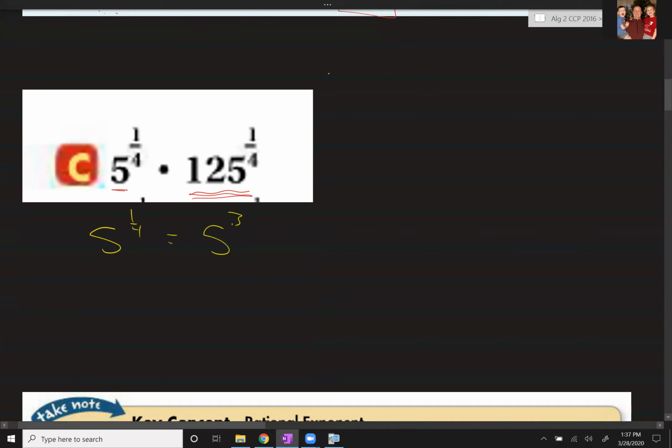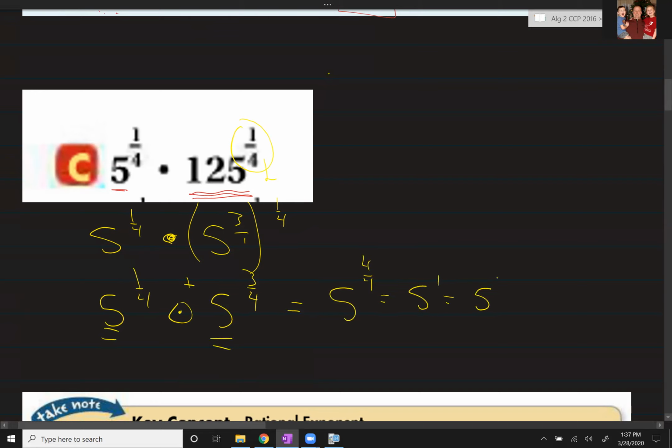This is 5 to the third power, but it still has this 1/4 on it. What do I do with a power to a power? I multiply them. So this is 5 to the 1/4 times 5 to the 3/4. Now that I have the same base, I can go ahead and multiply, which means for exponents, we're going to add those. So this is 5 to the 4/4, which is 5 to the first, which is just 5.